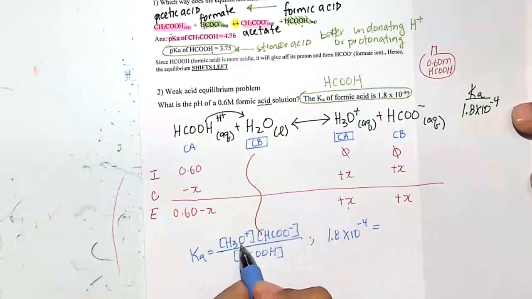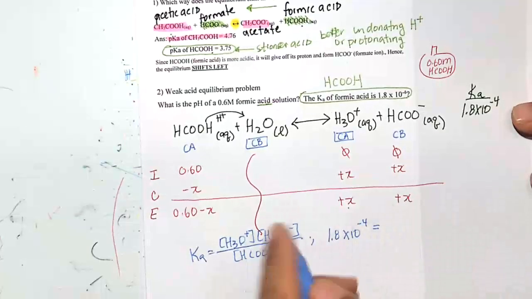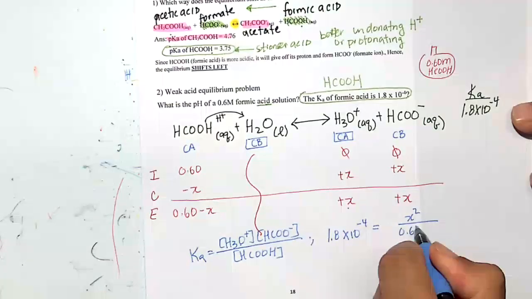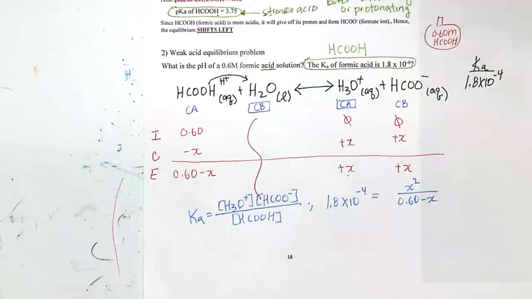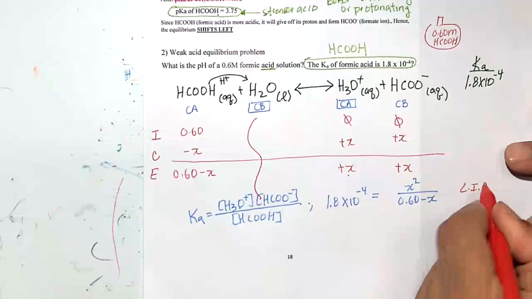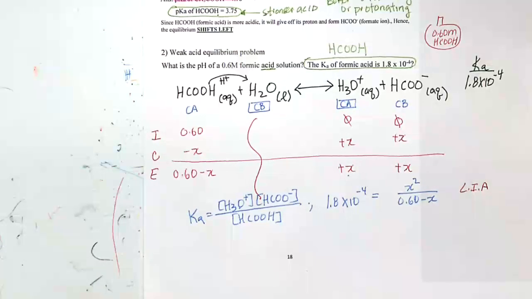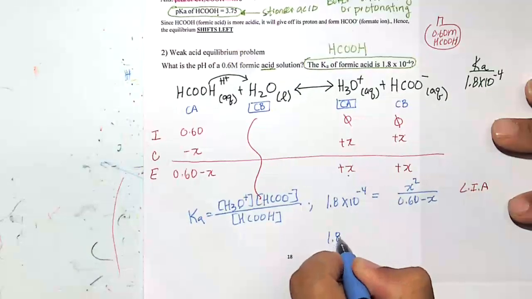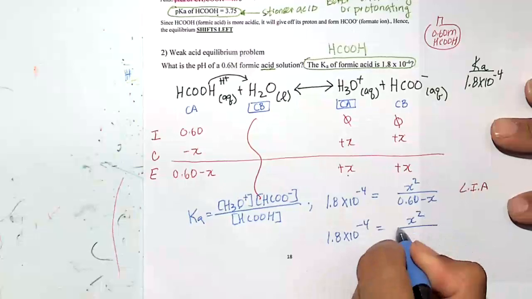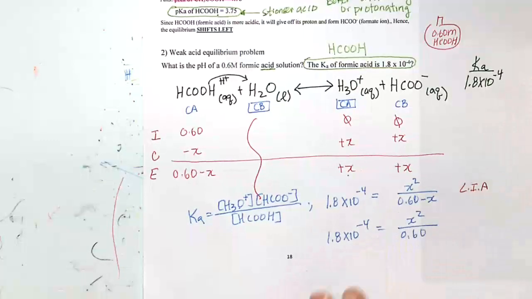Okay, H3O plus is X, HCOO minus is X, X times X is X squared, divided by 0.60 minus X. Alright, just as we've done before, just like you'll do on the exam, we'll use the low ionization assumption. Okay, so there'll be no quadratic on this test. And this means 1.8 times 10 to the minus 4 is equal to X squared divided by 0.60.